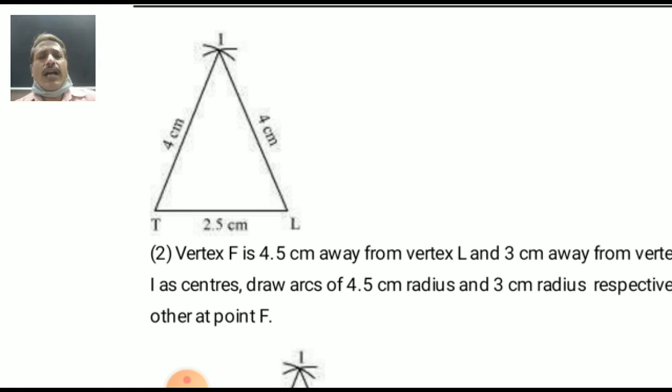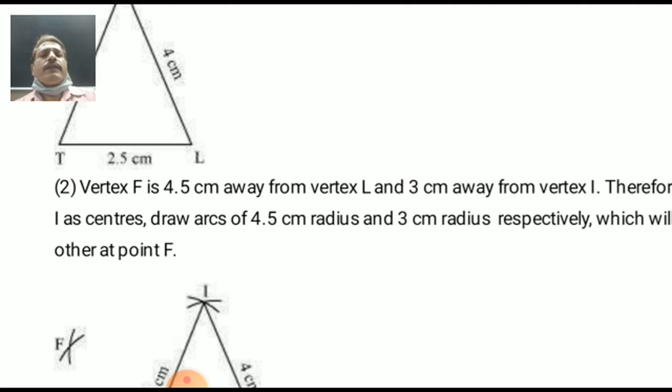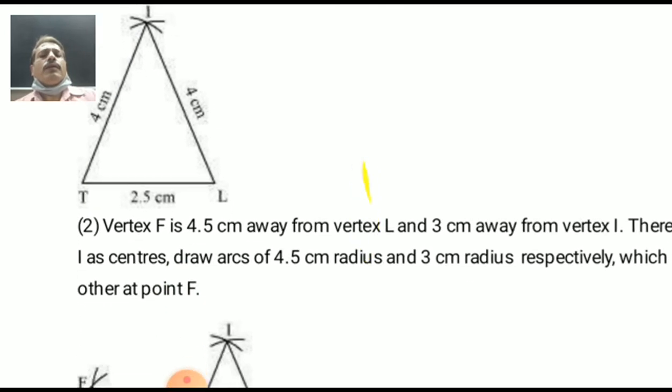I will get a point I. Vertex F is 4.5 centimeter away from L and 3 centimeter away from I. See, student, we are now discussing the third one, LIFT. Our triangle is ready.